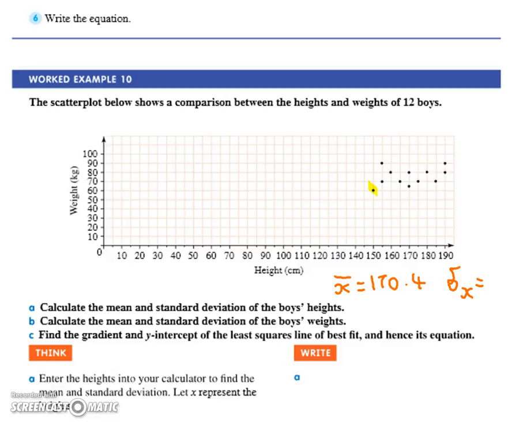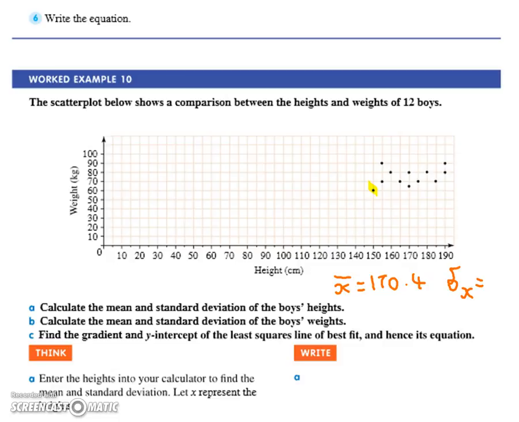Levi. Who does it show the heights and weights of? Yeah, okay. So you're doing standard deviation. Levi, which one? Okay, standard deviation. I'm going to agree with the textbook and say it should be 13.9.